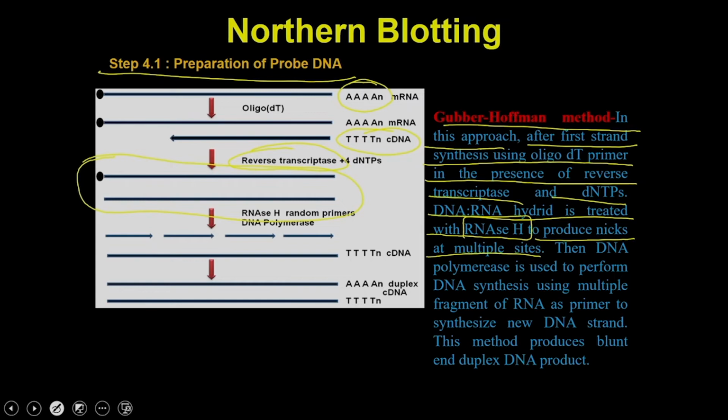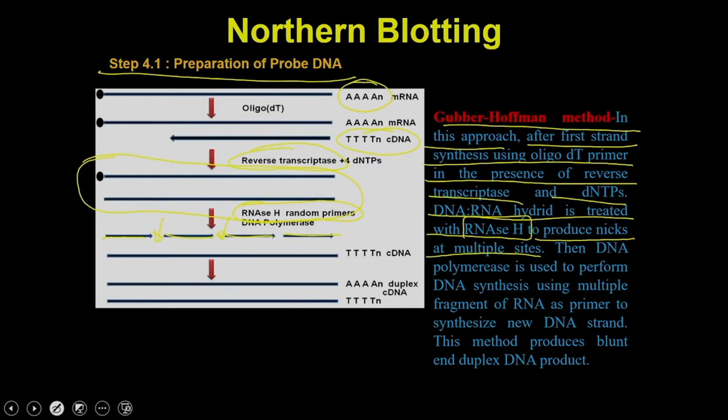Then you are going to treat this RNA-DNA hybrid with an enzyme called RNase H. What RNase H is going to do is cleave the RNA molecules at multiple places. Because of that, multiple RNA stretches are formed, so it is going to generate nicks at multiple places.